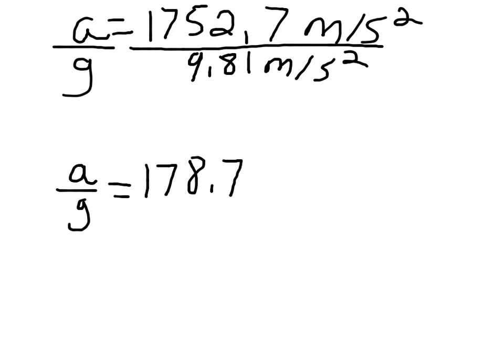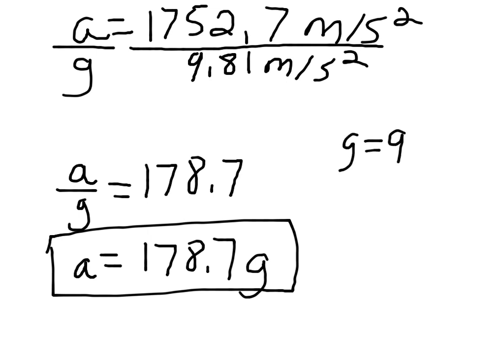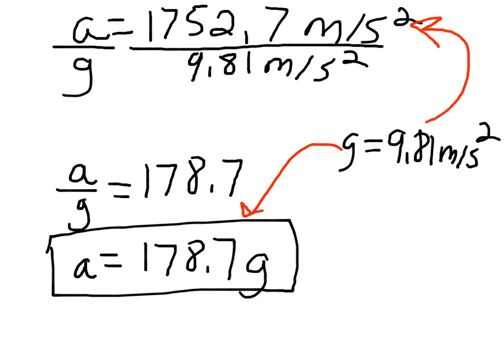Now, to express that in terms of g, I write acceleration is 178.7 g's. If you were to take what you know g is, g equals 9.81 meters per second squared, remember, and multiply it by what we just got here, you would get the acceleration you found back.